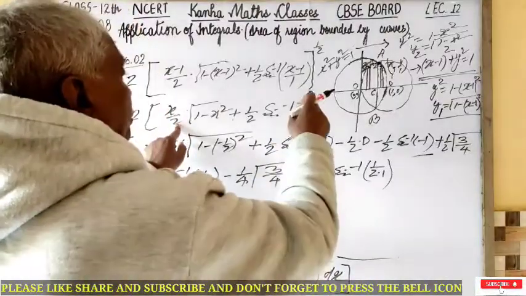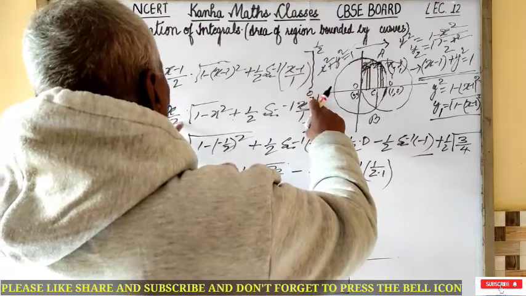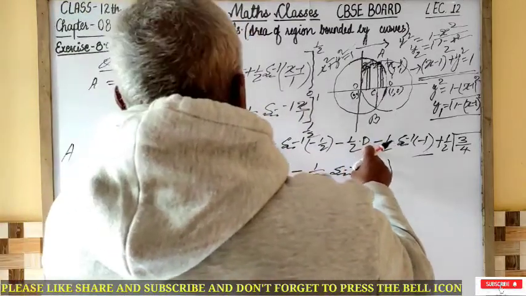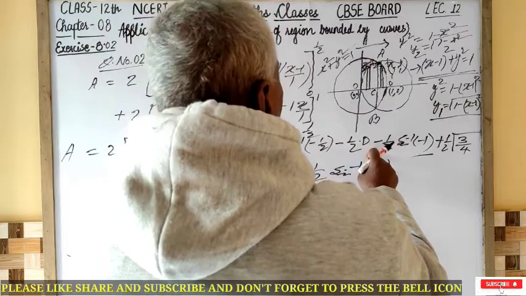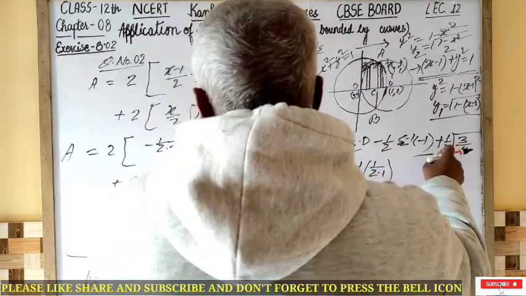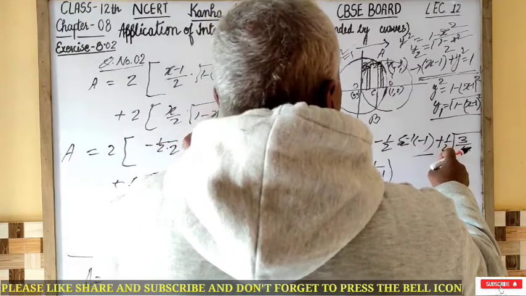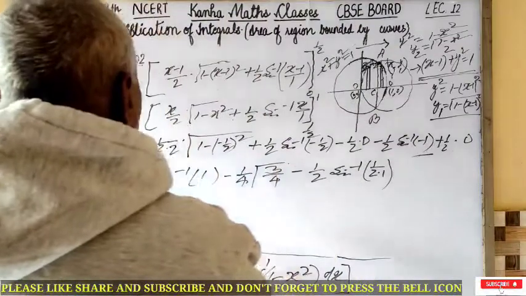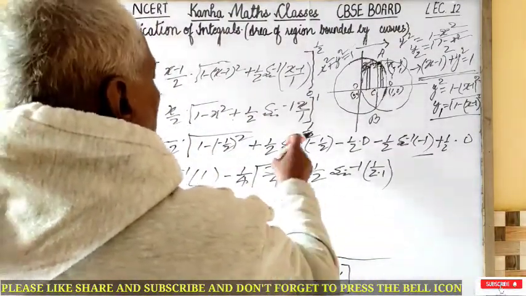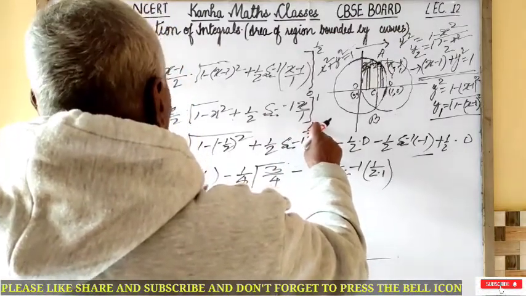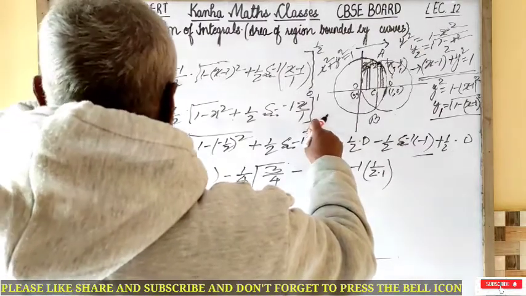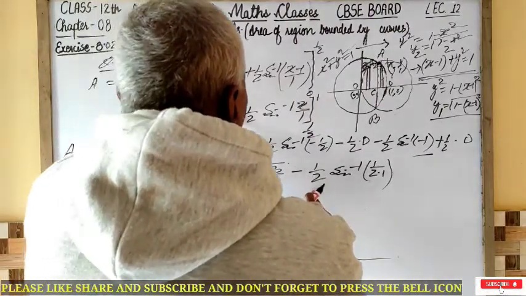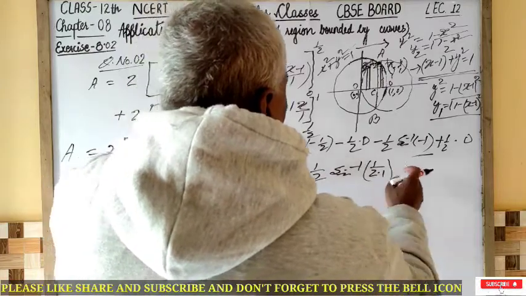In this step, by putting the upper limit 1/2, 1 minus 1, 0, and 1/2 into 0, plus 1/2 sine inverse 1, and now by substituting the lower limit here, 1/2 means 1/4, and minus 1/2 sine inverse 1/2. That's all.